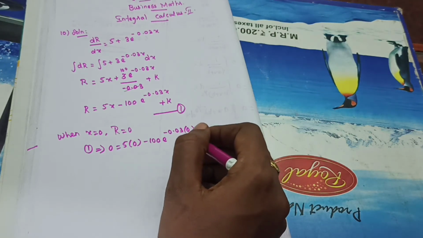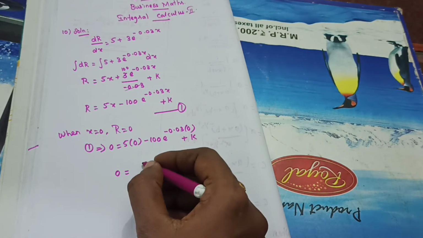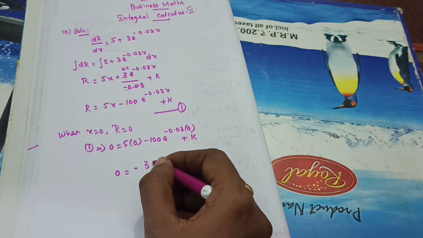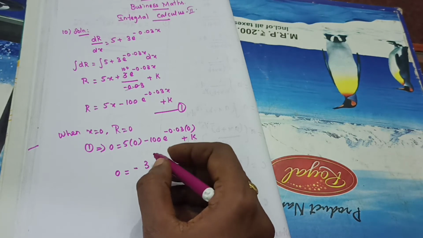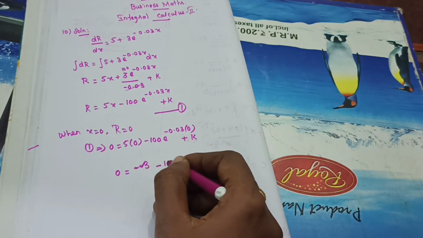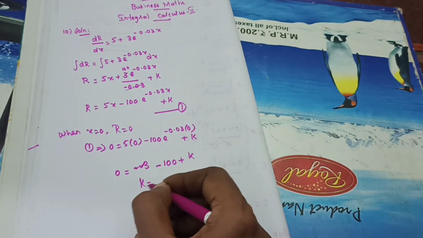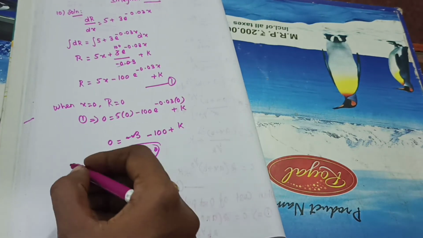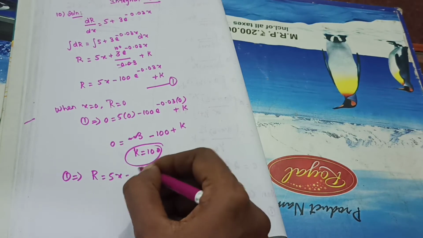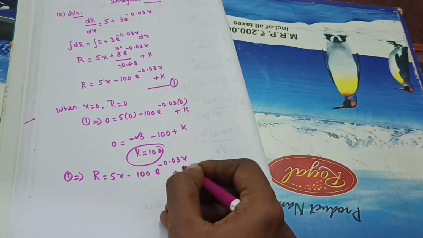So what will happen? e power 0 is 1, so 0 equals minus 100 plus k. So k equals 100. This is the k value. Now substitute in 1: R equals 5x minus 100 e power minus 0.03x plus 100.